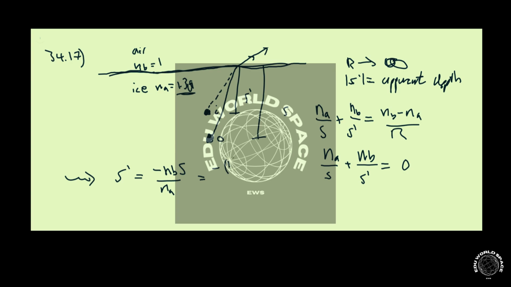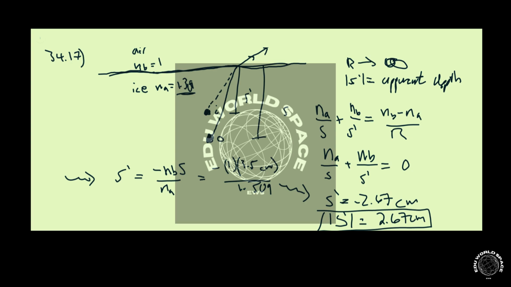We should have negative 1 times 3.5 centimeters all over 1.309. And that should give us an S prime of negative 2.67 centimeters, since it's a virtual image. So the apparent depth then is the magnitude of this, since we can't have a negative depth, and that's just 2.67 centimeters.